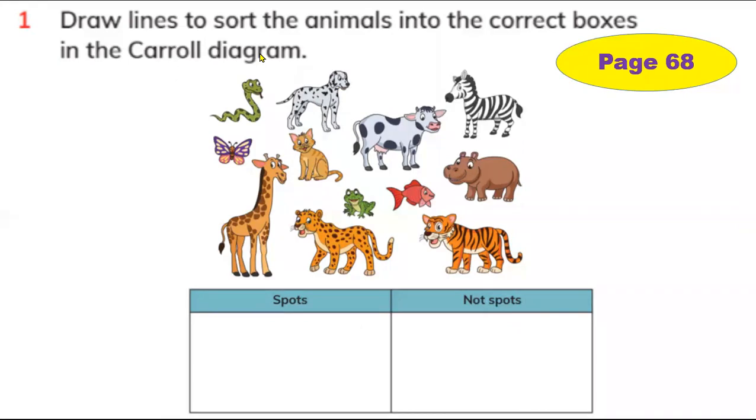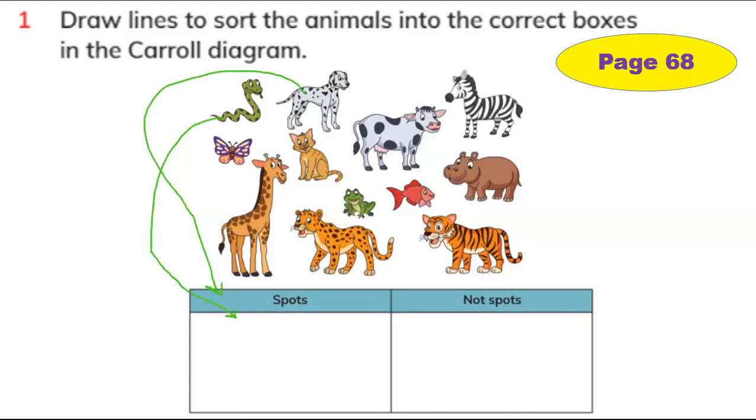So here is the first one. Okay, here is a snake, right? The snake has spots on his body, right? So I'm going to drag it into the spots section. Look at the dog. The dog has spots. We have to sort it here.